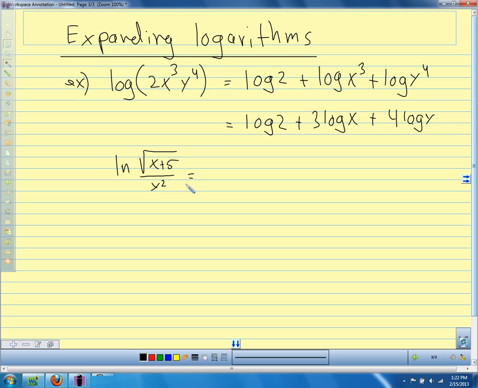Can you help us out, Colin? What happens to division with the rules of logarithms? Oh, so it becomes subtraction. Becomes subtraction. So I have the natural log of square root of x plus 5 minus natural log of y squared.